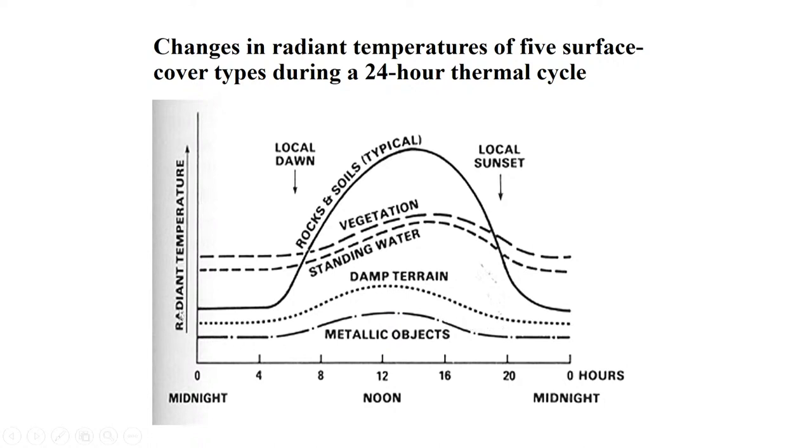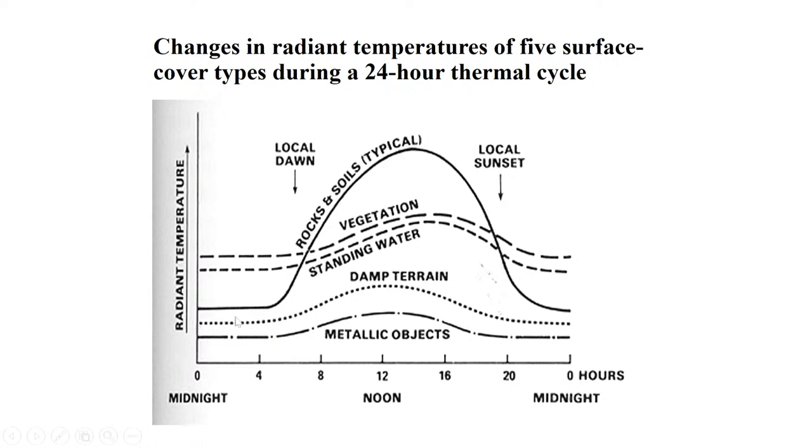The radiant temperature detected by the sensor is not very high, particularly when we are talking about the thermal band, not the optical multispectral band. In the optical multispectral band, reflectivity will be very high, so metallic surfaces appear very bright. But in the thermal band, they will not appear very bright, because their emissivity is low, and the sensed radiant temperature will also be small.